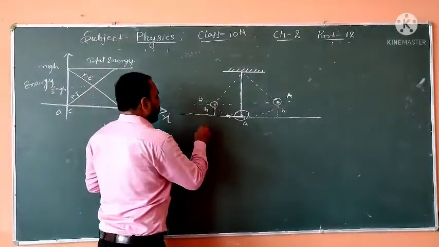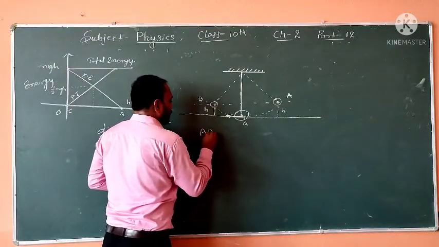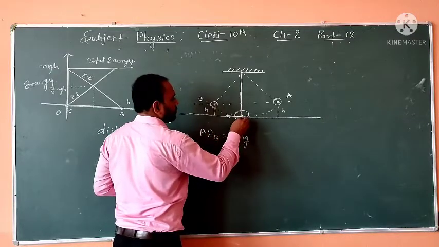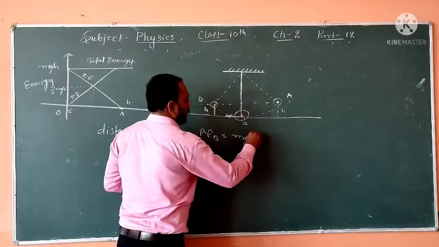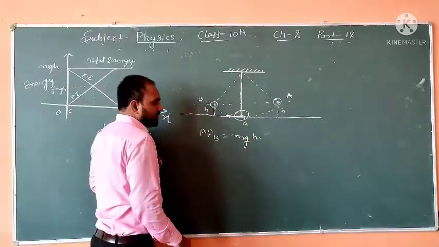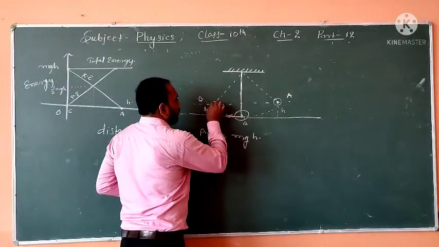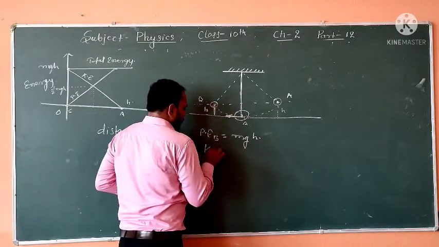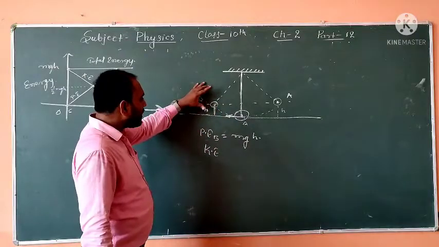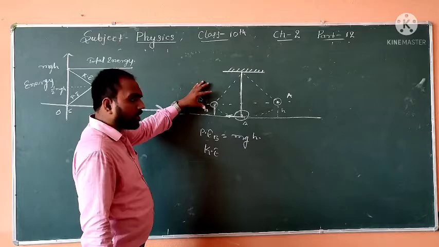So potential energy at B is mgh. Let's suppose that the mass of the bob is m and the height of the bob at B is h. There is no kinetic energy here because you are releasing this body from here.